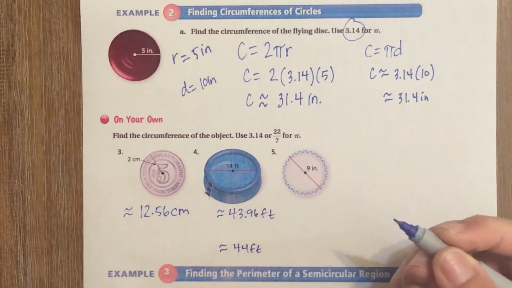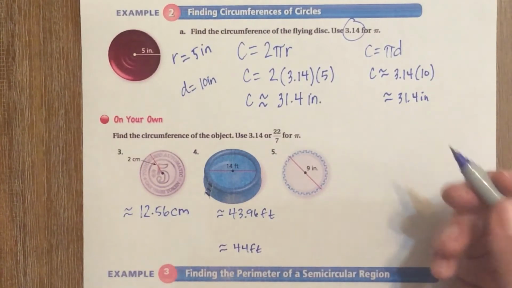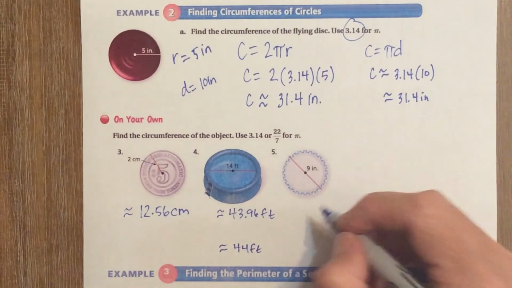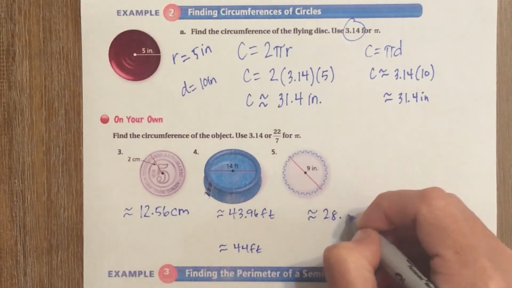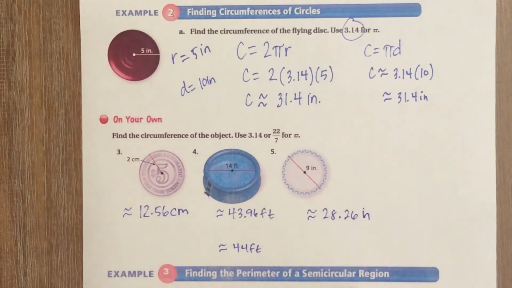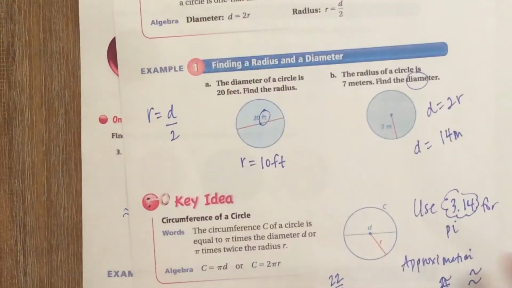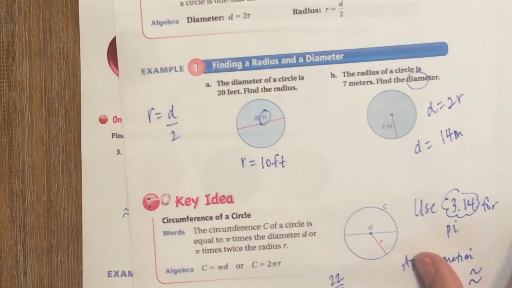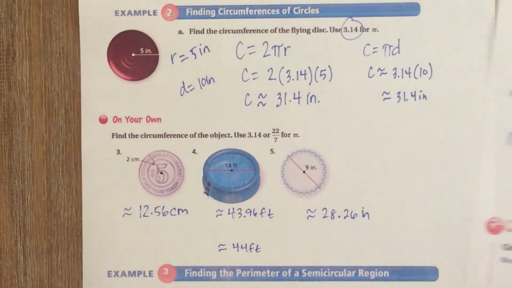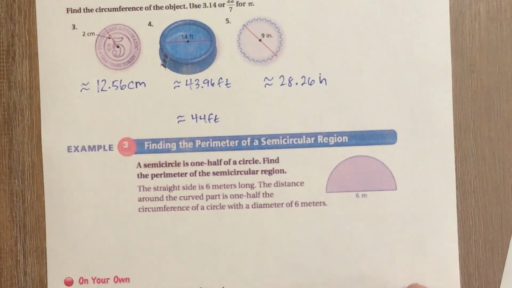So you can see how similar those are and how close they are in value because we're approximating. And question 5 was approximately 28.26 inches. So hopefully you did an okay job finding circumference, okay? So practice those 2 formulas, making sure you can differentiate between radius and diameter. That's the biggie.